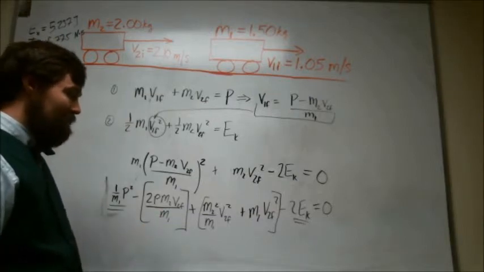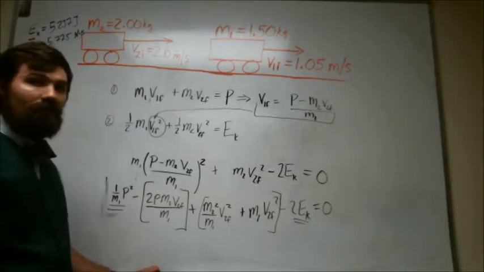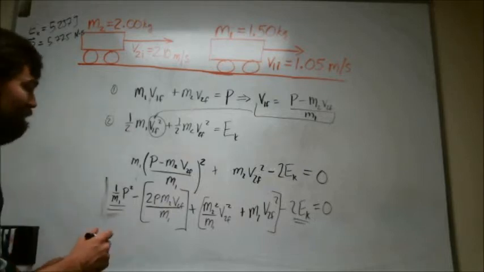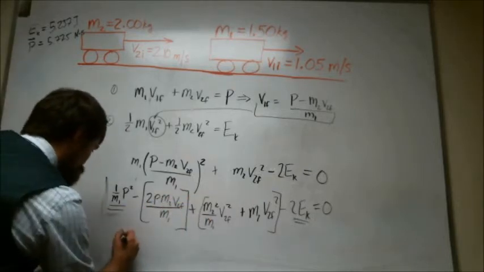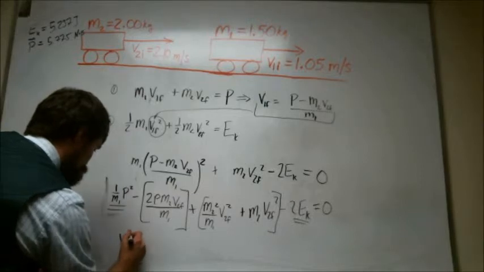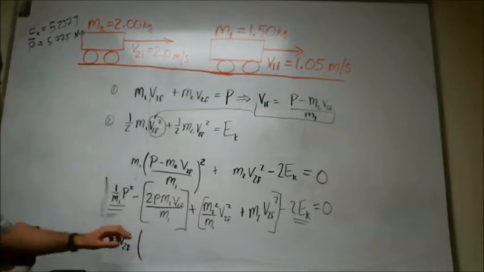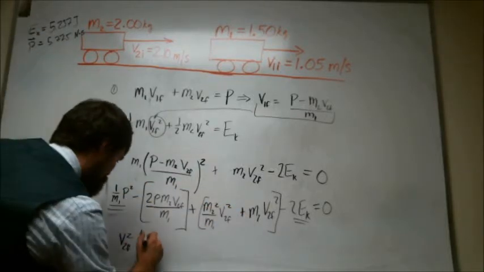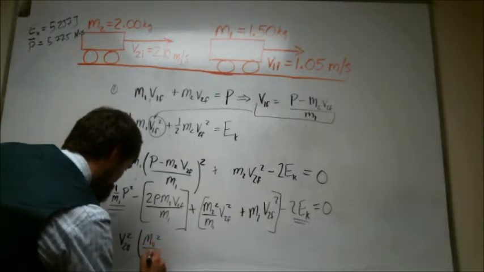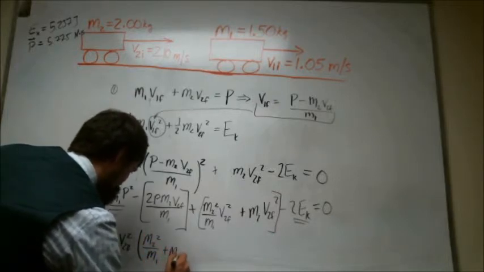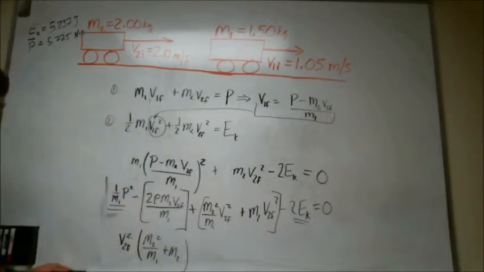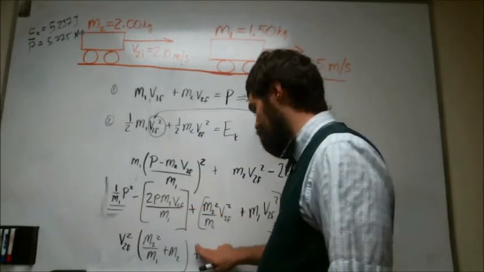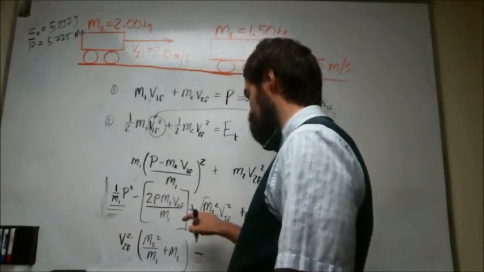So I'm going to rearrange this thing just a little bit by writing, first of all, my V2F squared terms. So V2F squared is going to be times M2 squared over M1 plus M2. Okay, now I need to get my V2F terms together, and that is just this term right here.